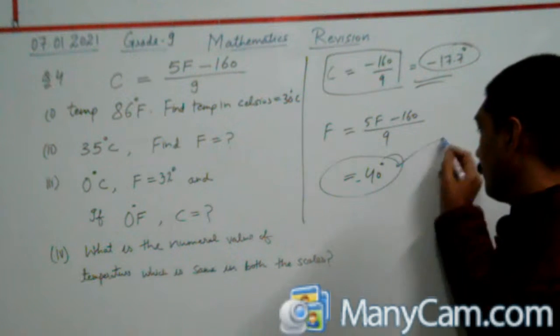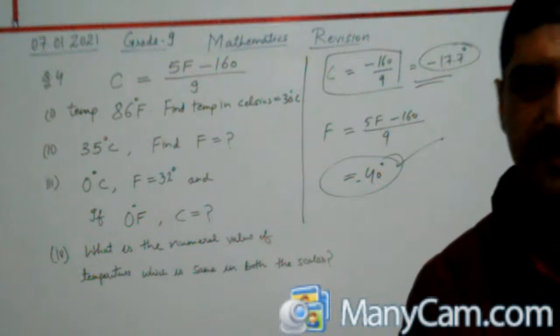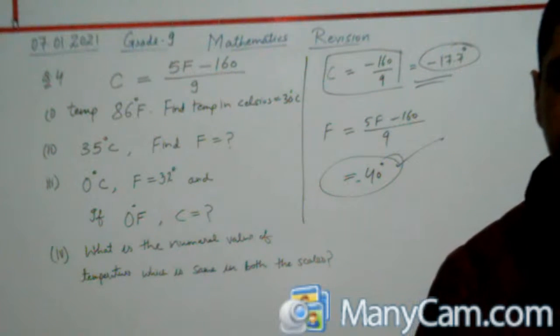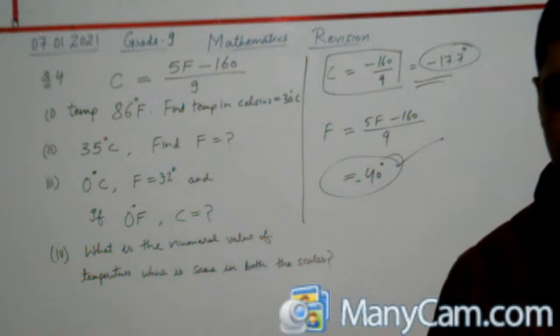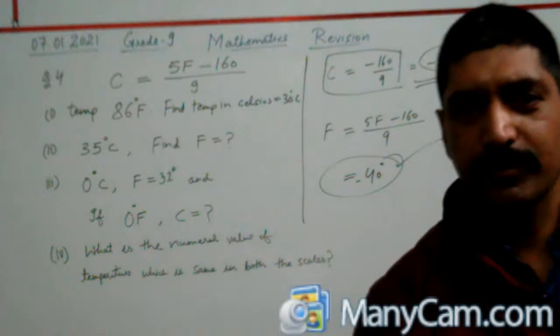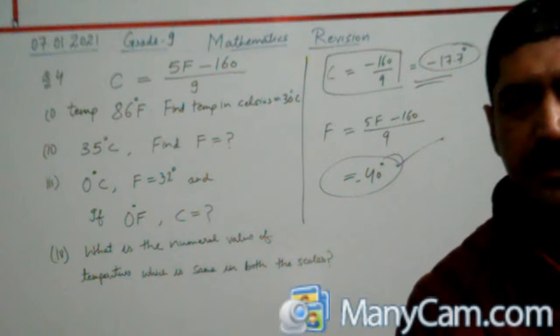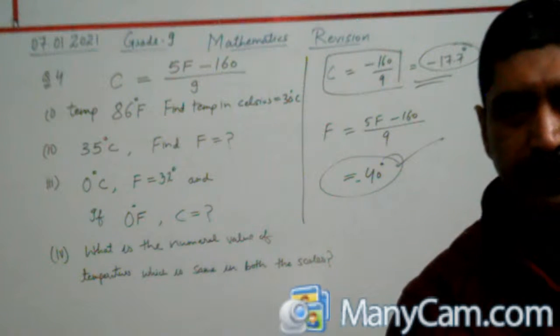So minus 40 degrees Celsius and minus 40 degrees Fahrenheit are one and the same. Okay. So thank you Harjot, there is no buffering. Here also I don't feel any problem. Everything is very smooth regarding the internet.